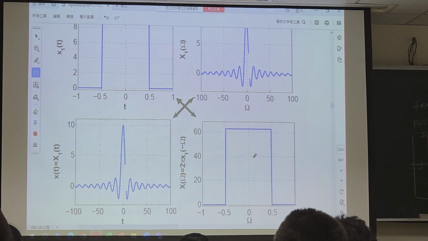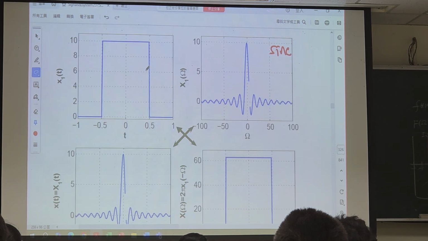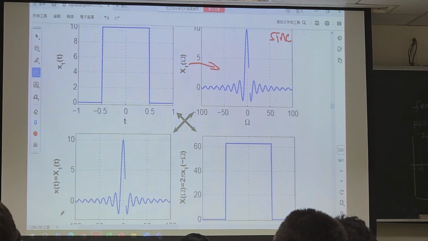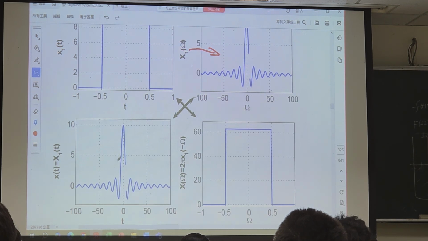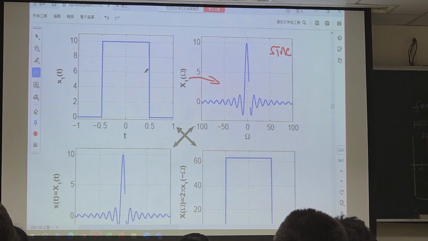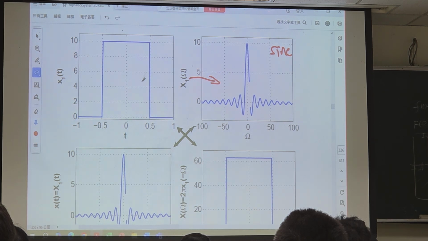So this is the duality of the function. One more time: this function is in the time domain, and after taking the Fourier transform, we have a sinc function in the frequency domain. But if you use the sinc function as the time function and take the Fourier transform, you can see that the associated Fourier transform recovers this rectangular function. Quite interesting. That's mathematics, very useful.